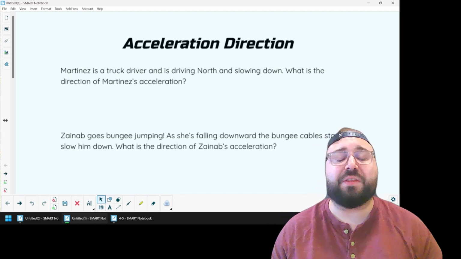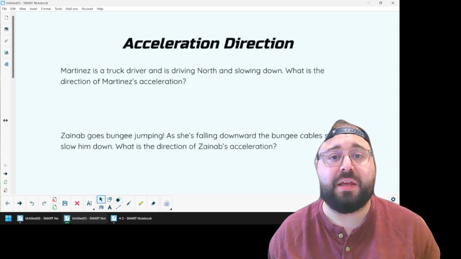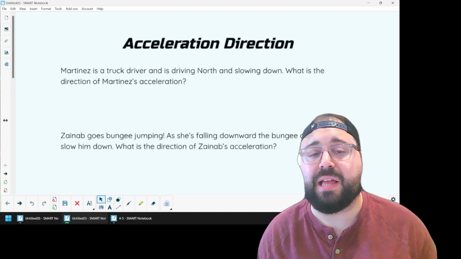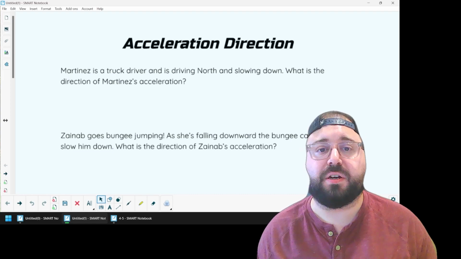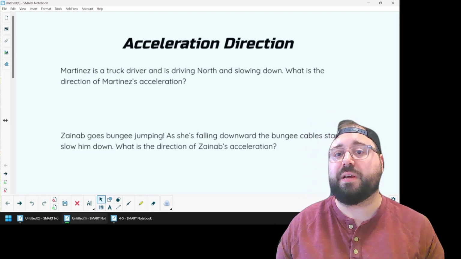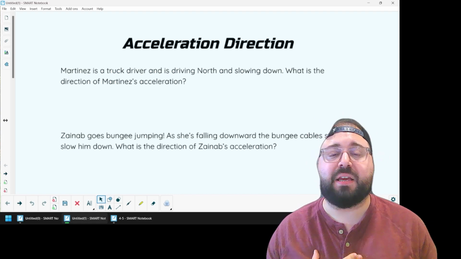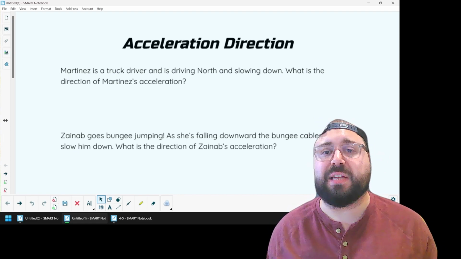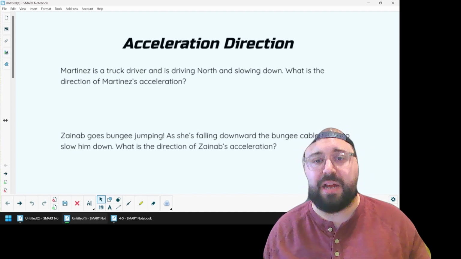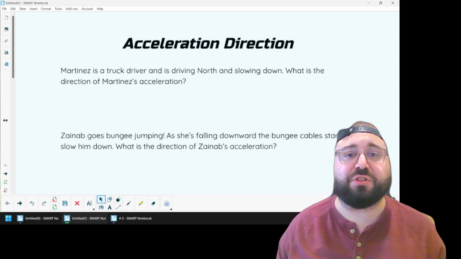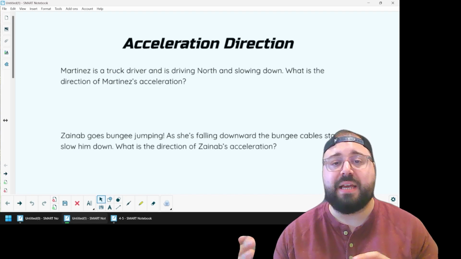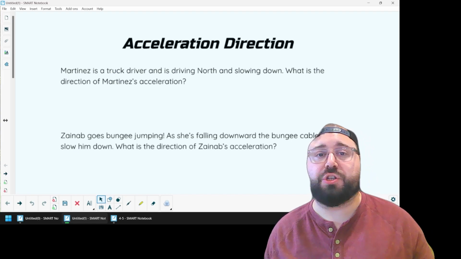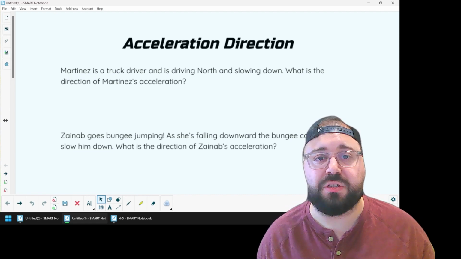We talked about this in class, we took notes on it, and we said if acceleration is in the same direction as our velocity, we will increase our speed. But if our acceleration is opposite of our velocity, we'll decrease our speed. So the best way to think about the direction of acceleration is not to think about the direction an object's going. That's going to be the direction of the object's velocity. Instead, think about the direction the object is being pushed. That's what acceleration is going to be.